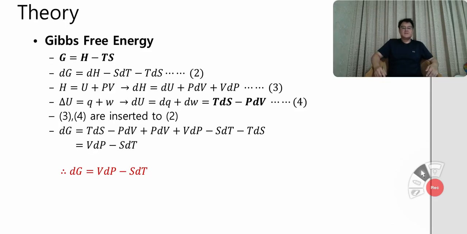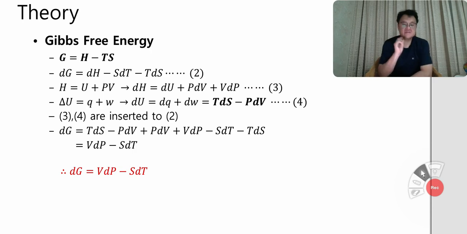So I mentioned at the very beginning that chemical potential is a very important concept in the phase diagram. Let me first start with Gibbs free energy, and later I'm going to explain the chemical potential. Chemical potential is directly related to the Gibbs free energy. If you want to understand chemical potential, you first need to understand Gibbs free energy.